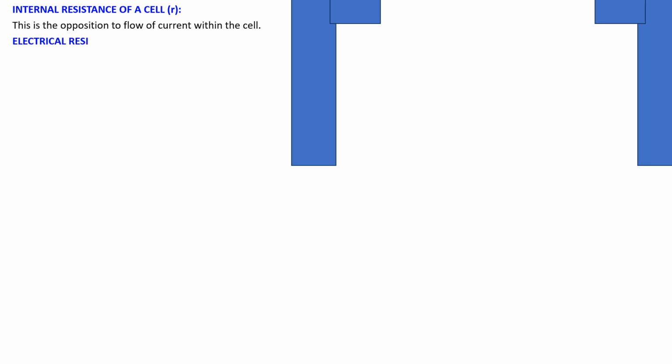On the other hand, electrical resistance is the opposition subjected to the flow of current in a conductor.